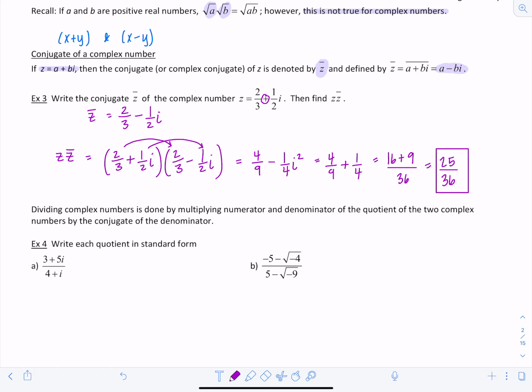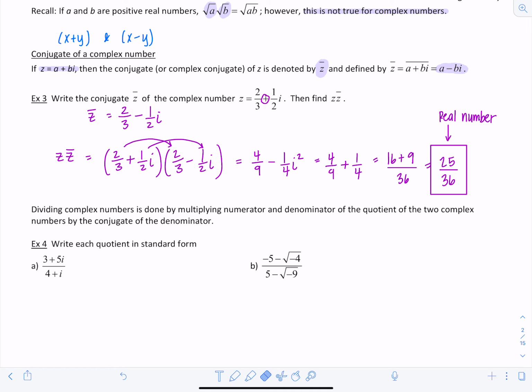So we've just observed a very special property, and that is anytime you multiply a complex number by its conjugate, the result is a pure real number. And this is something you study later on in higher levels of algebra. Complex conjugation results in a real number.